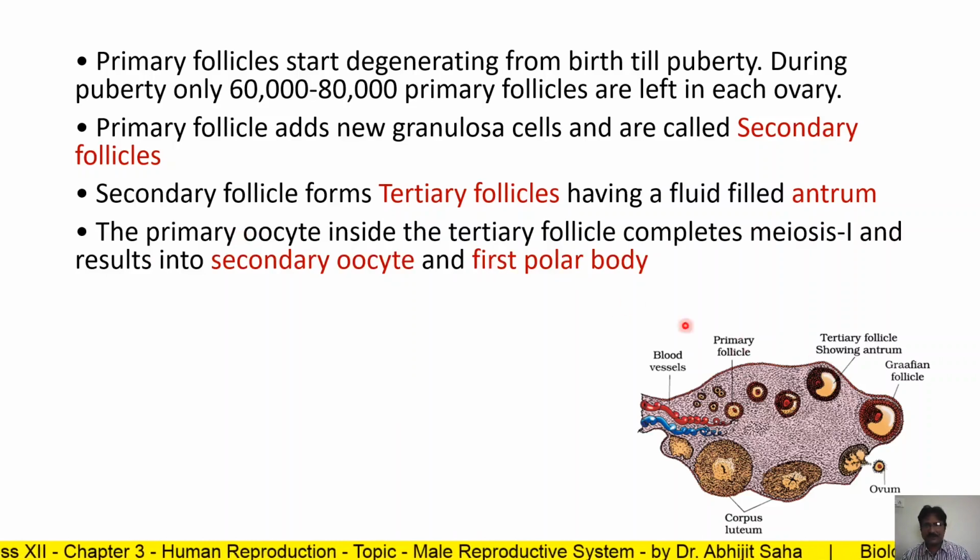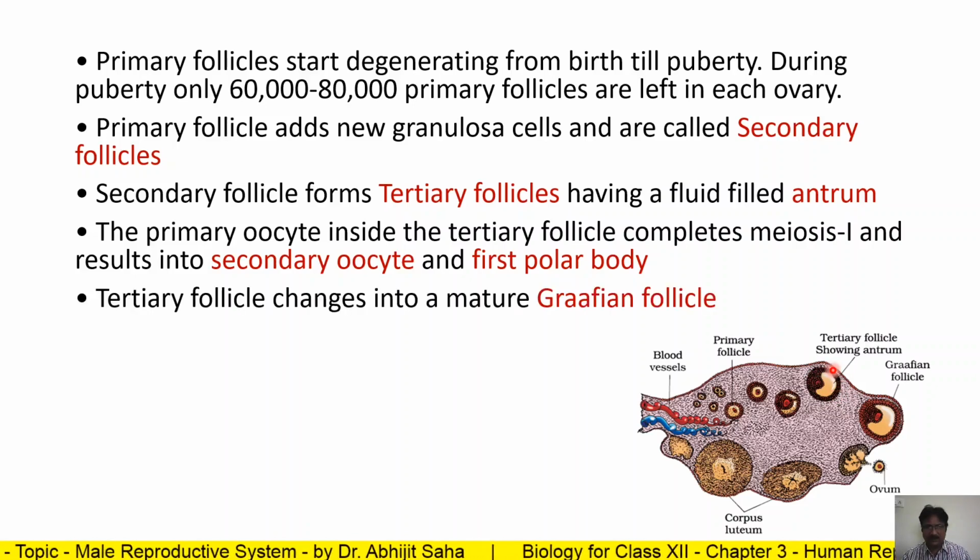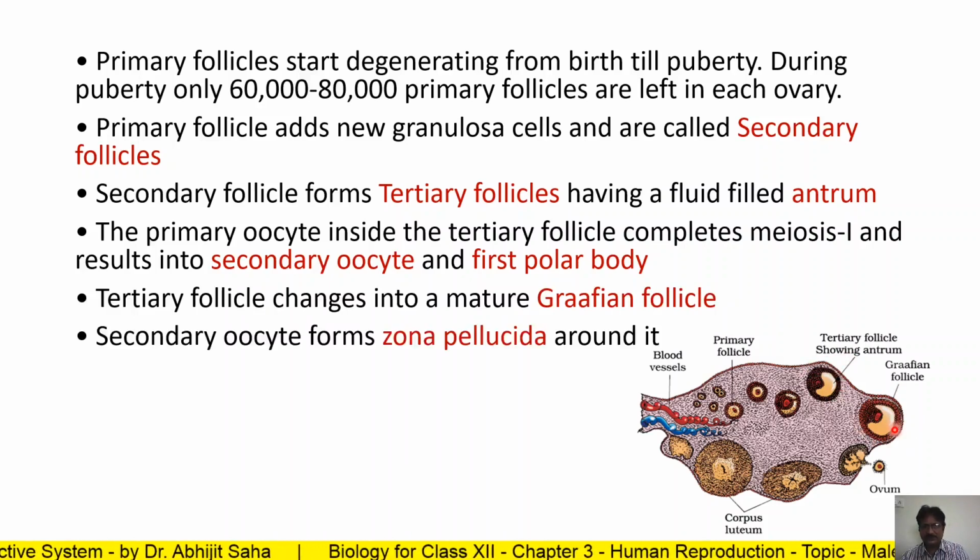The primary oocyte inside this tertiary follicle by this time completes meiosis 1, and so it forms the secondary oocyte and the first polar body. This tertiary follicle is now converted into the Graafian follicle. This is a mature structure.